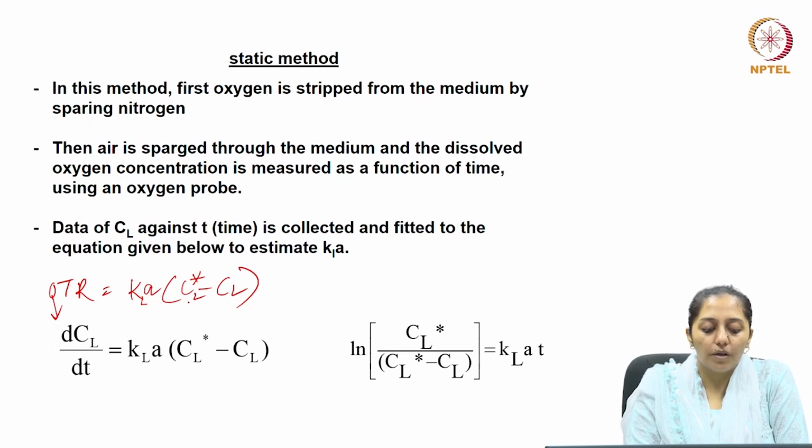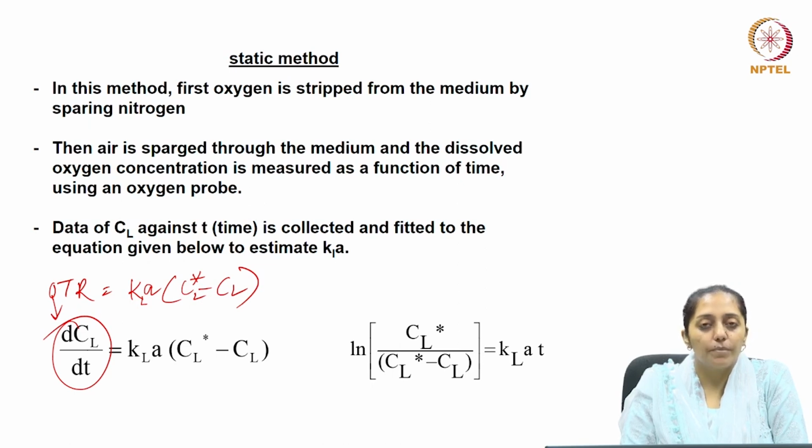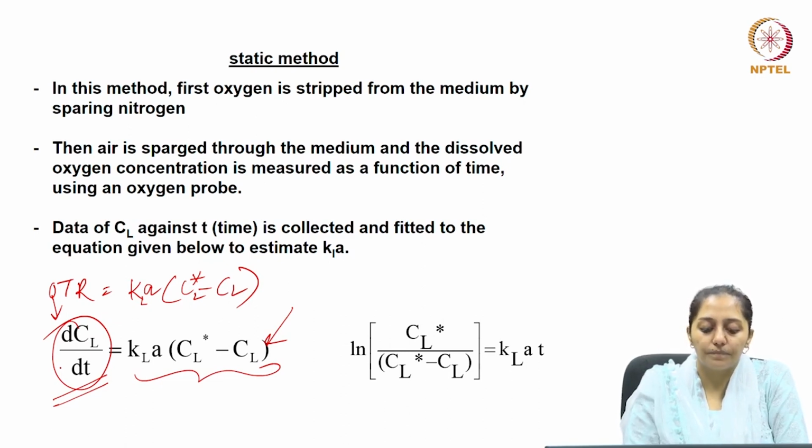Why? Because here dCl by dt is the rate of accumulation of oxygen in the medium. Because there are no cells present, there will be no oxygen consumption. Therefore, the oxygen consumption term is not considered. So, whatever oxygen is being transferred into the medium, defined as the RHS here, will be equal to the rate at which the oxygen is getting accumulated in the broth.